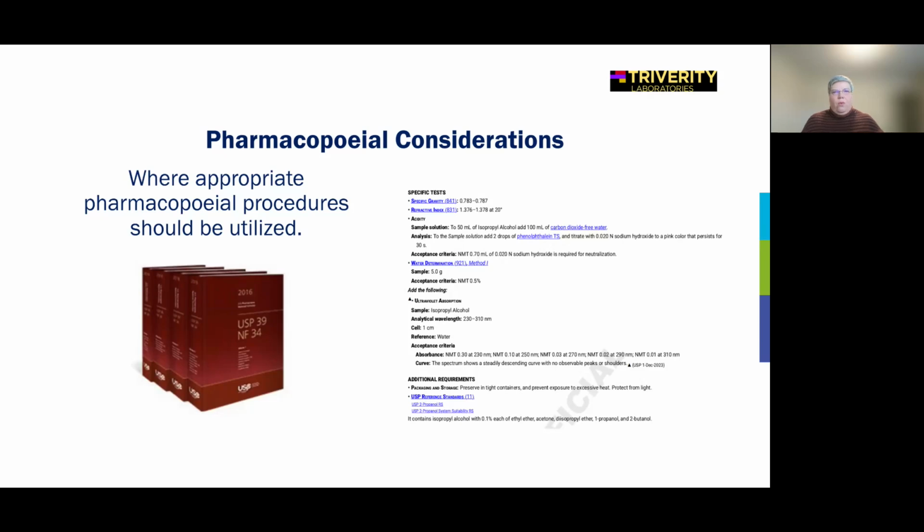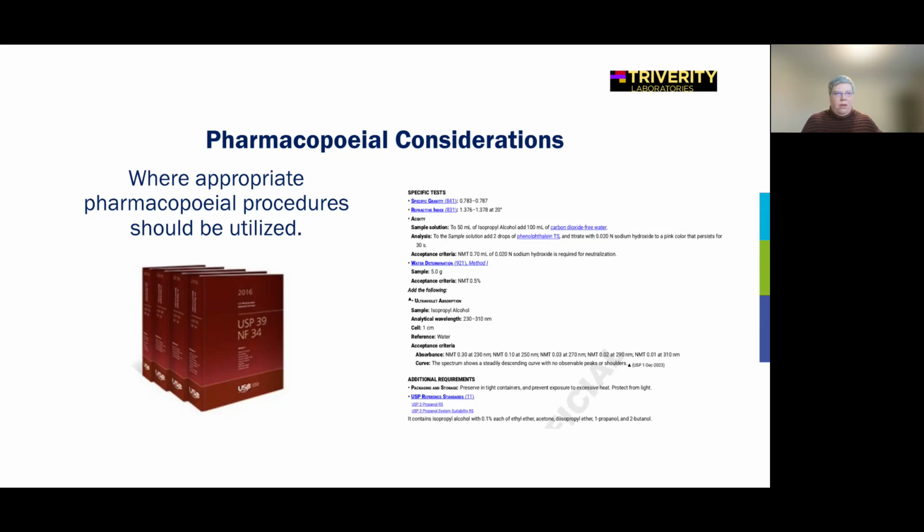So when we look at monograph methods for API or drug product, we have to be very cautious and have a really critical eye to what is listed in the monograph.